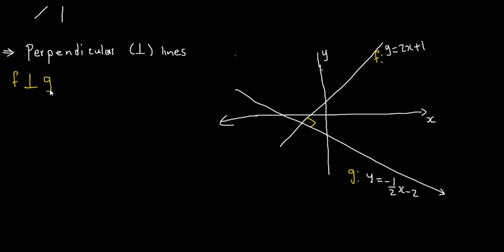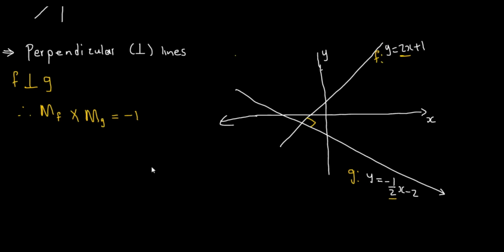Since they are perpendicular, look at this. This is 2. The gradient this side is minus 1 over 2. So if two lines are perpendicular and we multiply the gradient of f with the gradient of g, we need to get an answer of minus 1. So the product of the two gradients is equal to minus 1 if the graphs are perpendicular.